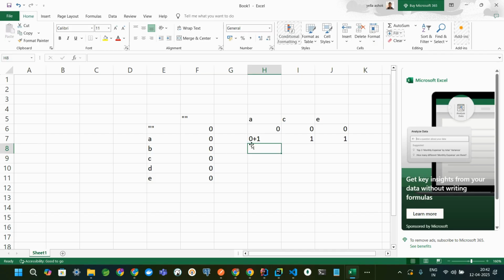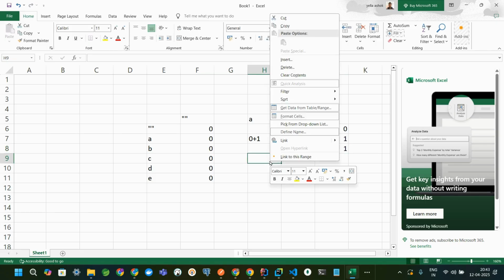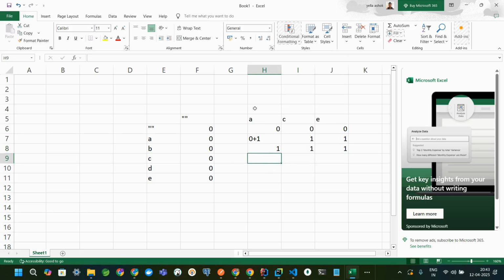So among these, what is the highest value? That is 1. Similarly, b and c are not common, take the highest, that is 1. Now b and e not common, take the highest value, the max of this diagonal is 1. Now c and e not matching, so take 1, that is Math.max.